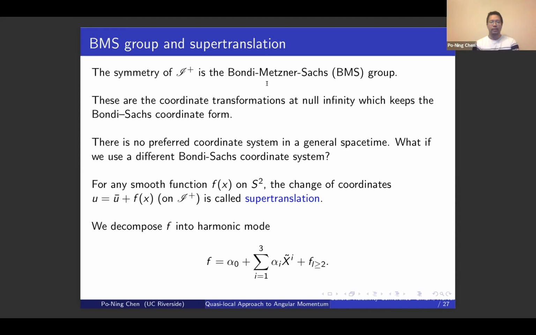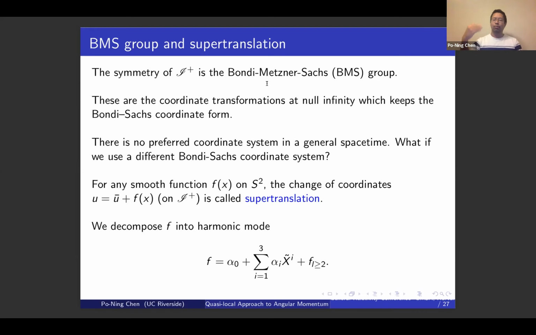So in addition to the Poincare group, we now have the following supertranslation. This corresponds, on scri plus, to a change of coordinate u bar equals u plus a function f of x. And you can already see that scri plus has the degenerate metric dx squared. So in fact, it doesn't matter how you cut. You can cut by u equals a constant, or you can cut by u equals some fixed function f of x plus a constant.